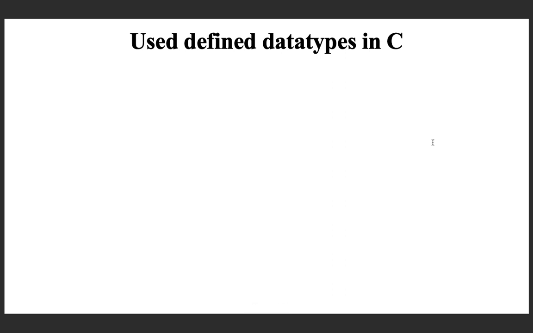Now we are going to see what user defined data types in C are. Why we need user defined data types is, we are going to have new data types like point or circle or rectangle or a student or an account.